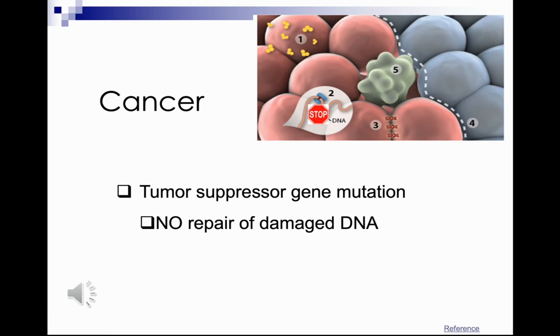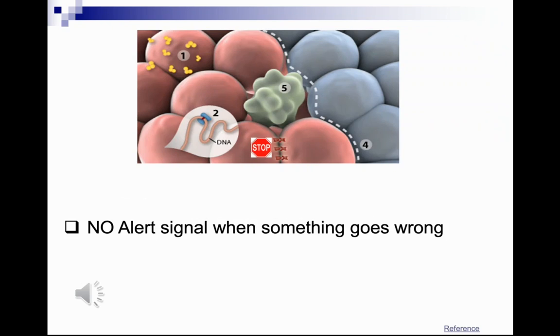There's a tumor suppressor gene mutation, so there's no repair of damaged DNA. There's no stopping of damaged DNA. When tumor suppressor genes are mutated, there are no alert signals sent out when something goes wrong.